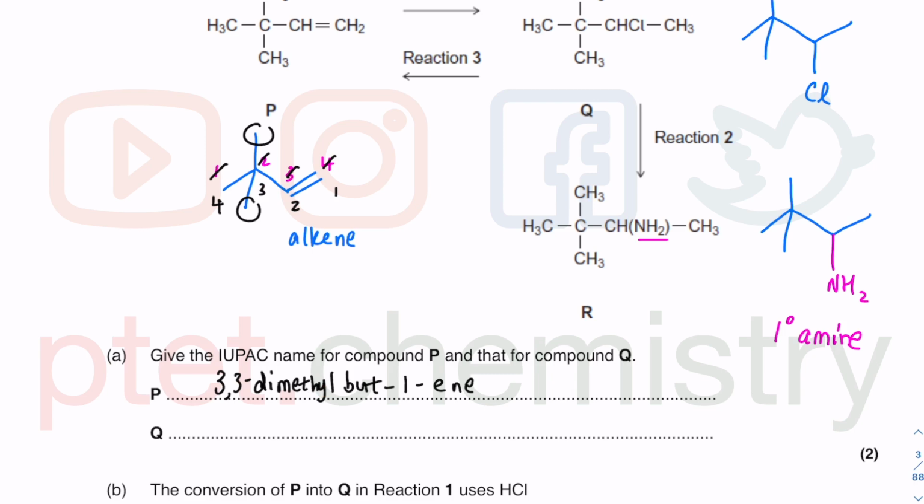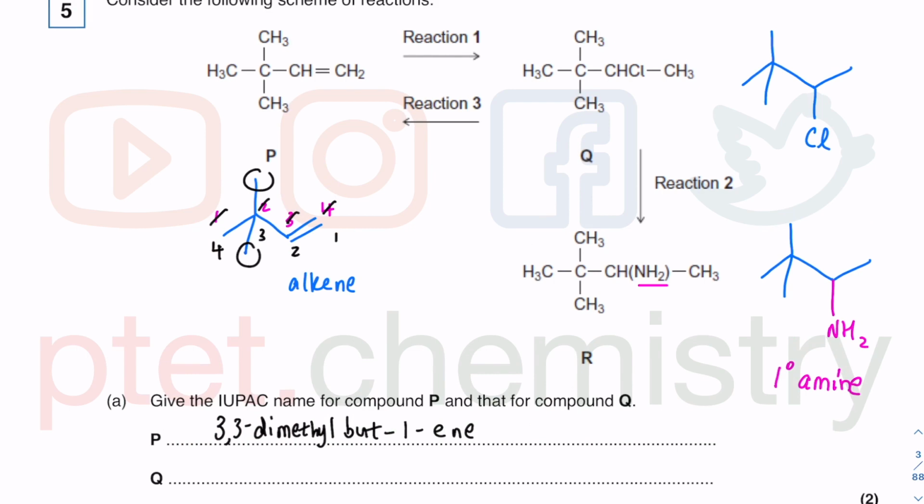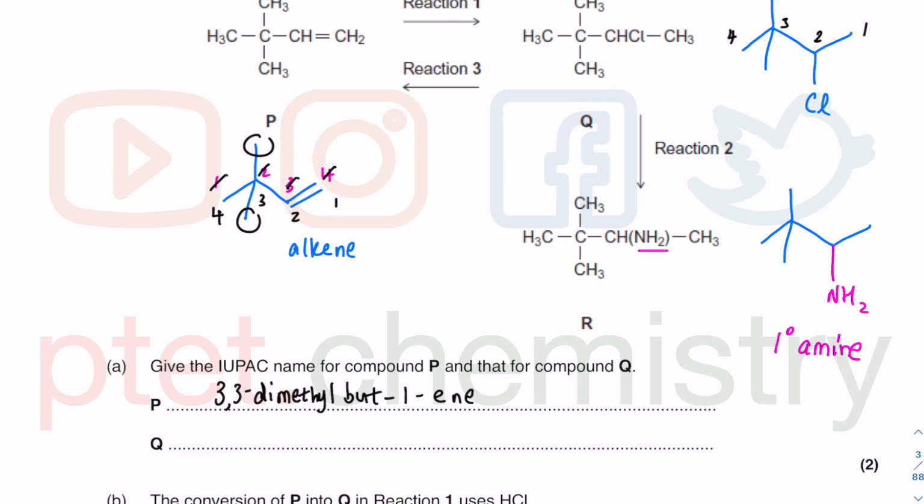Going back to Q, it's going to be a pretty similar idea. We want the lowest number possible. So I'm going to do that 1, 2, 3, 4 rather than 1, 2, 3 because 2 is smaller than 3. So we know that this is going to be butane because there is no longer a double bond between the carbon-carbon. And there is a chloro. This is 2-chloro.